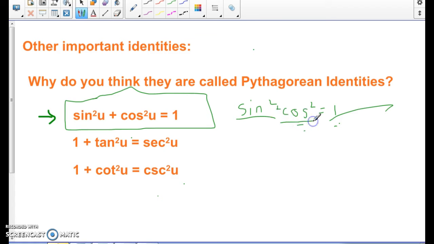Why don't you take a moment and try that on your own. If I do that, sine squared over cosine squared is tan squared. Cosine squared over cosine squared is 1. Oh, it's this one, rearranged. Equals 1 over cosine squared, which is secant squared.